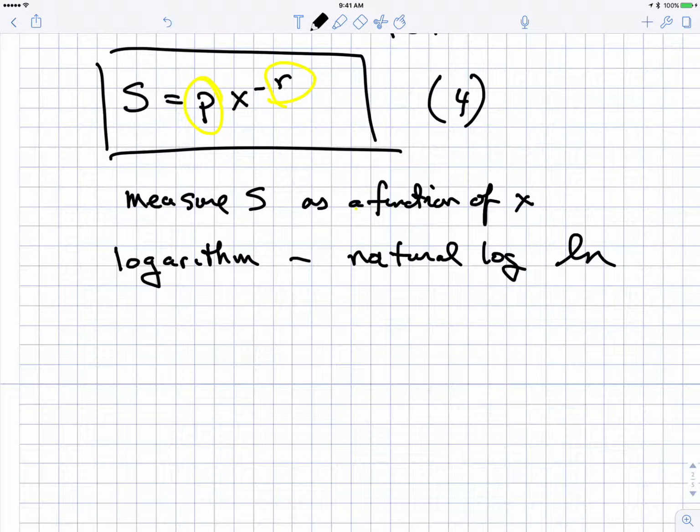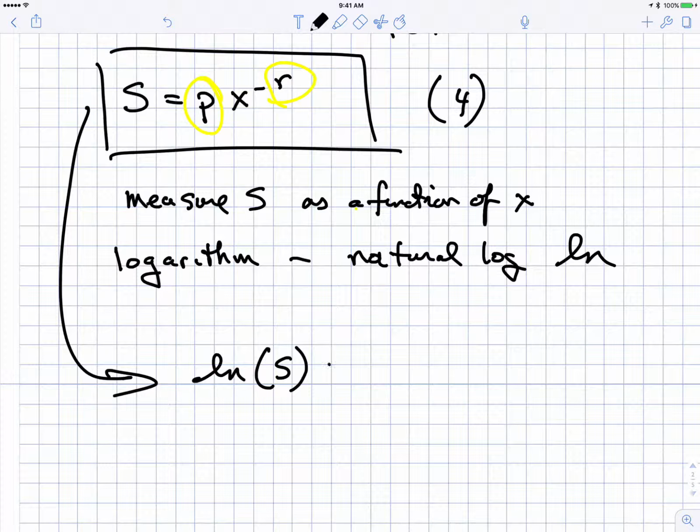So what we see is if we take this equation and now use a logarithm on each side of it, we have the log of s is equal to the log of p x to the minus r. Now, one of the rules of logarithms is that when you have a product, that becomes an addition or a sum.